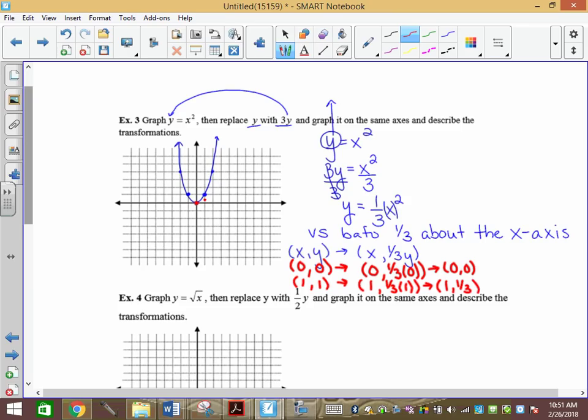It's like 0.333. It's out here. Negative 1, 1 is going to become negative 1 and 1/3 times 1, so negative 1, 1/3.